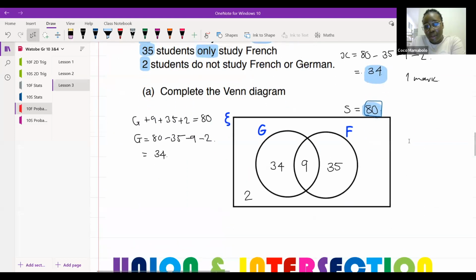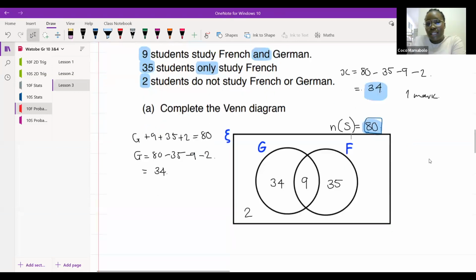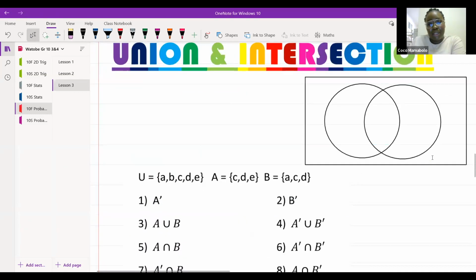In this example that we have here, do we need to count NS? We don't need to count NS because we've already been given the number of students. The number in the sample space is already 80. Now let's look at this example that I'm about to give you. How many values do we have in our sample space? 5.